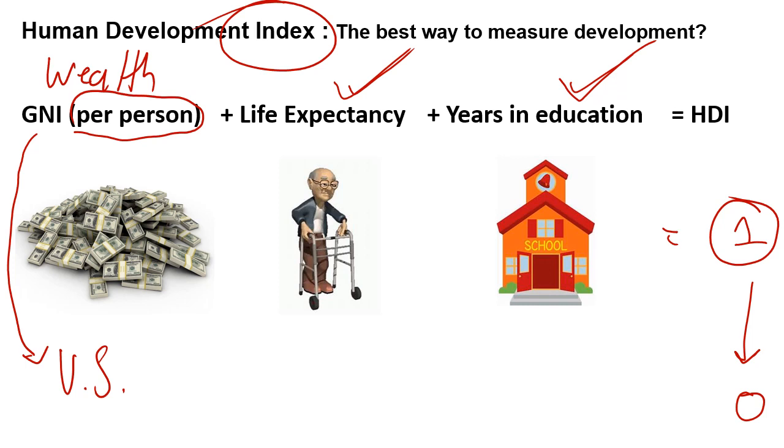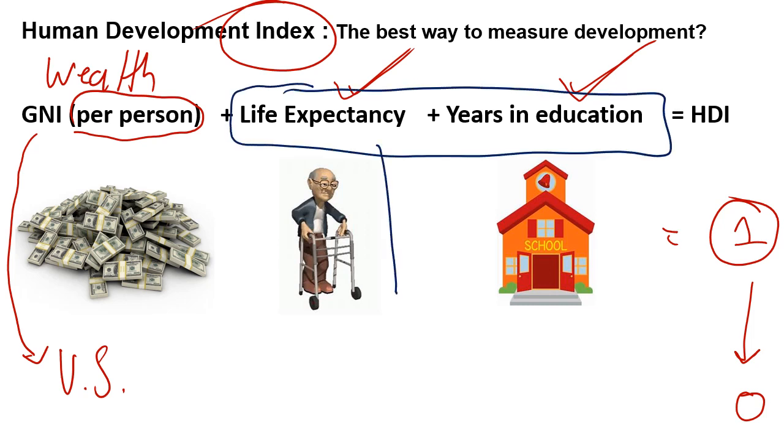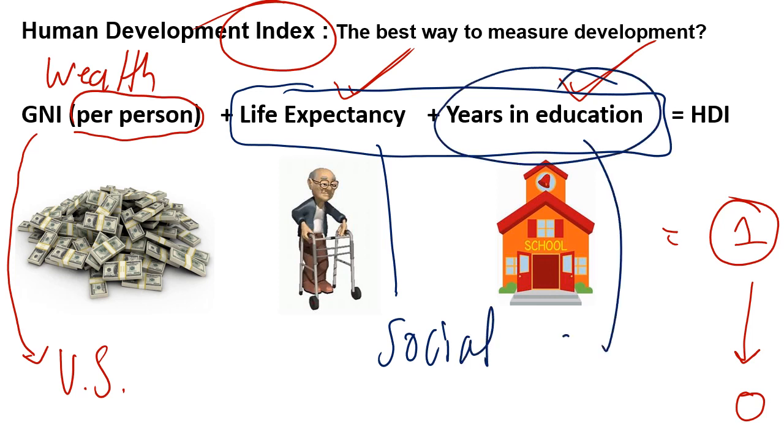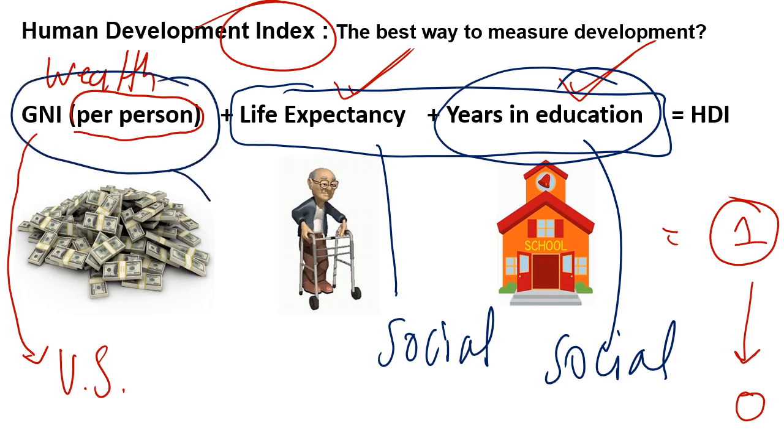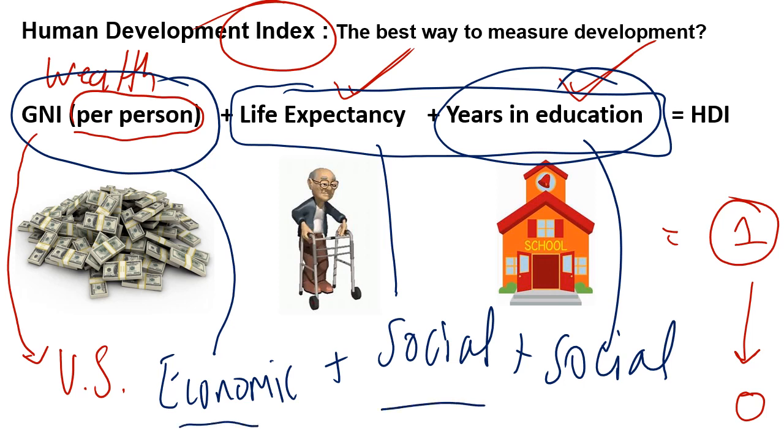This is a good indicator because it adds in social indicators, so life expectancy is social, years in education is social, but GNI, the wealth of a country, is actually economic. So this indicator, the Human Development Index, actually includes economic and social indicators within one to give a score.